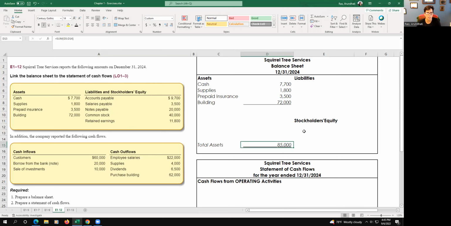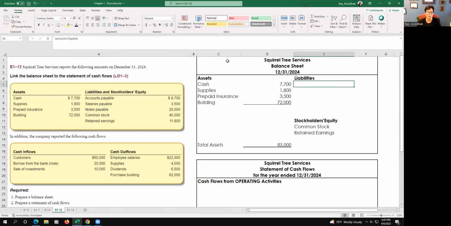Common stock always has just two accounts, at least in our 201 class. As we go through the first 10 chapters, you're just going to see these two accounts, common stock and retained earnings. So I can go ahead and put the common stock and retained earnings, and I know that's all I have for equity. I know these three are liabilities because of the words payable. Subsequently, you'll see other liabilities that may not have the word payable, but we still know it's a liability.